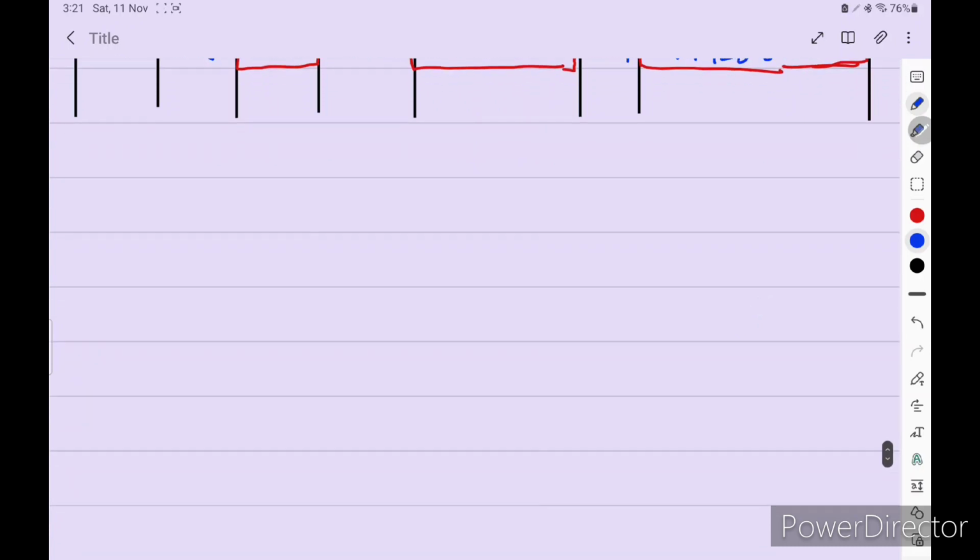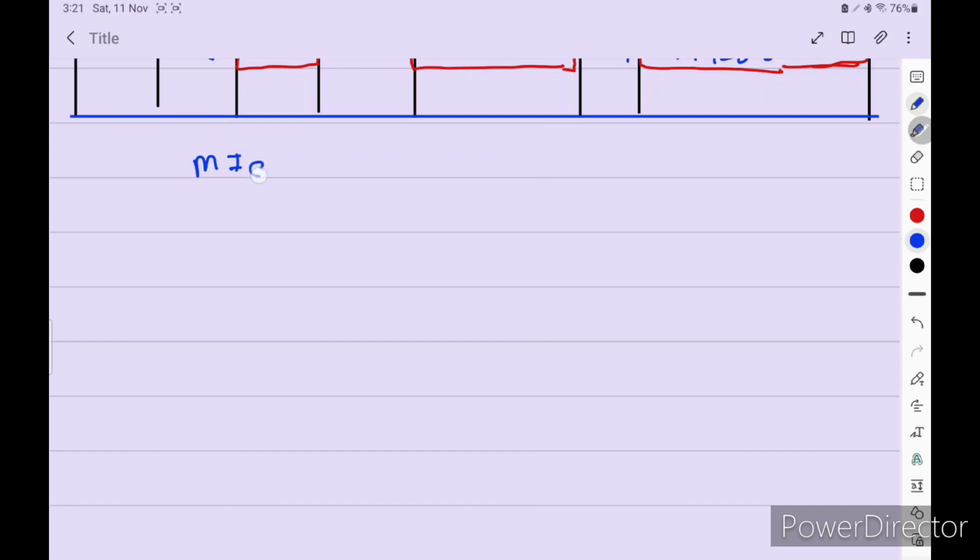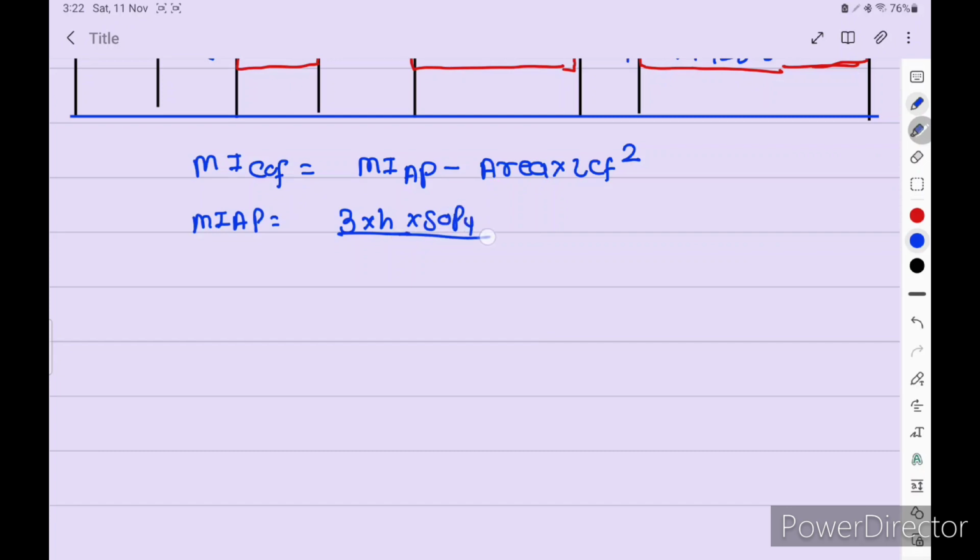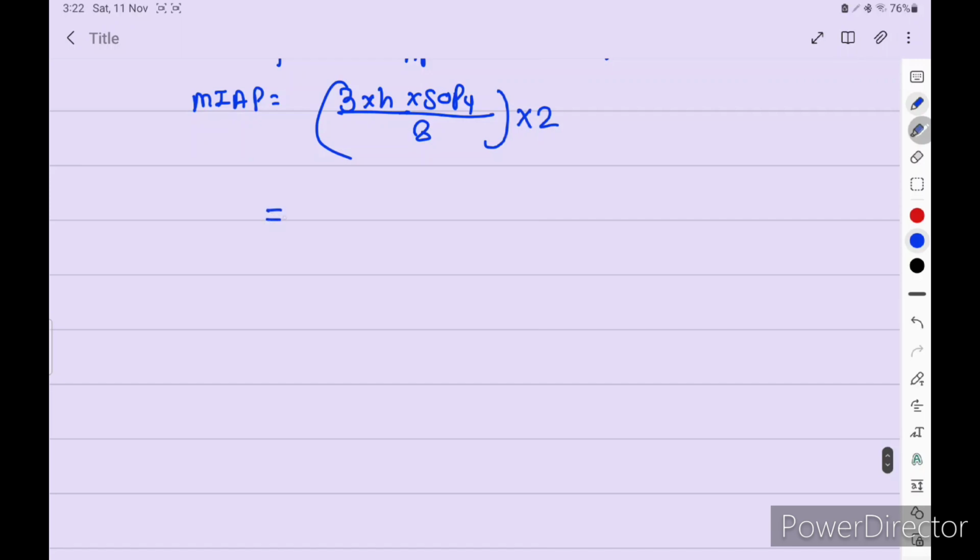We know that the formula is: MI about the center of rotation is equal to MI about the aft perpendicular minus area into LCF square. So MI AP is equal to 3 into h into SOP4 divided by 8, into 2, because we have to take 2.